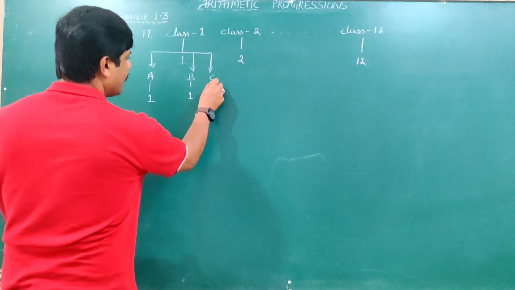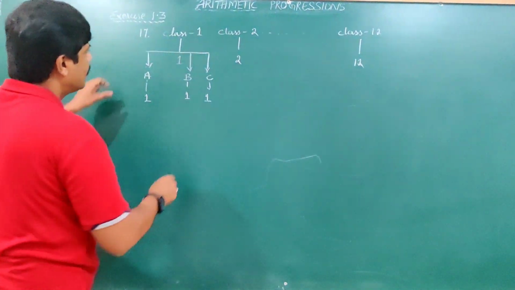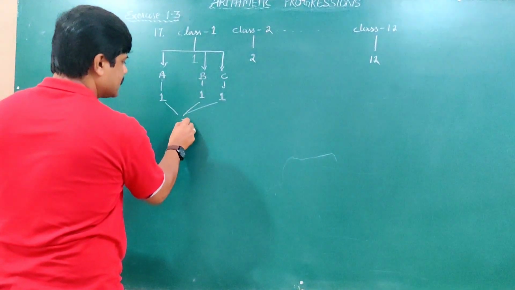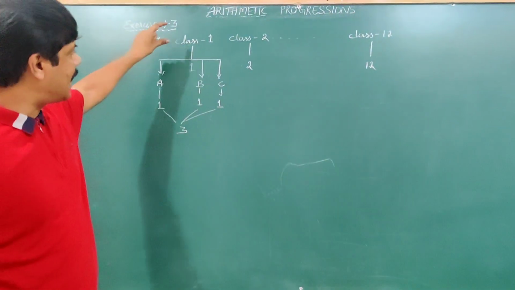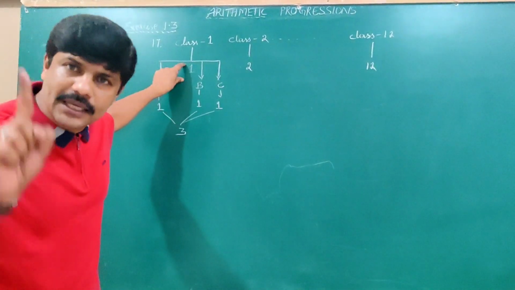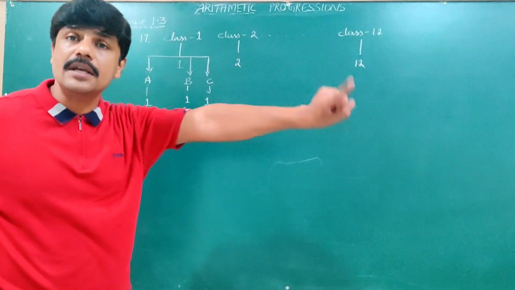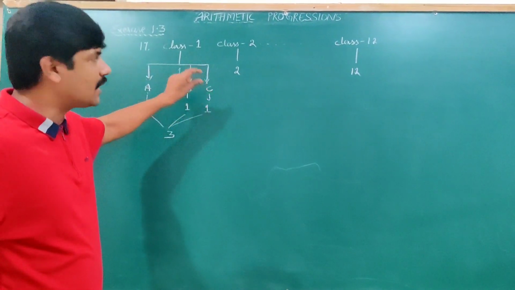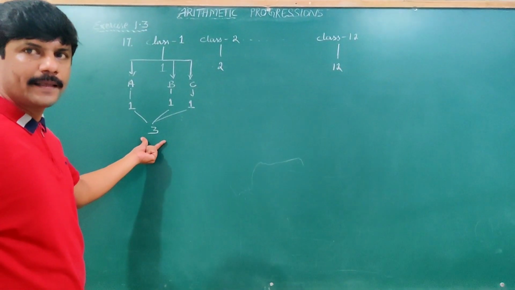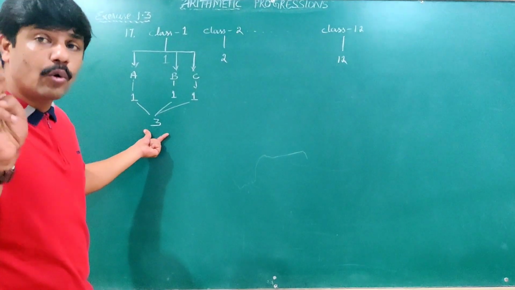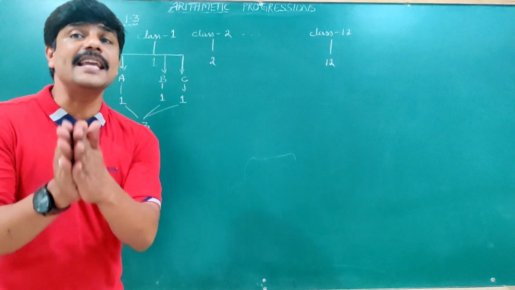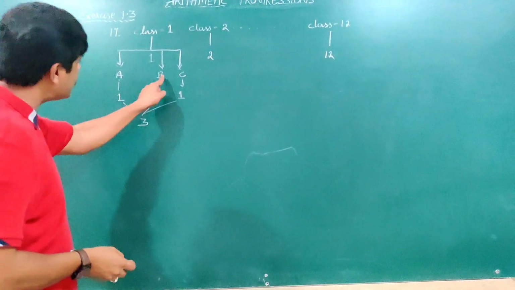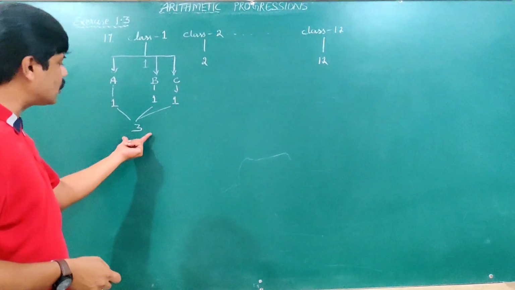Thus, class 1 becomes 3 trees. Understand properly? Class 1 students plant 1 tree each, but 3 sections are there. Therefore, they are going to plant 3 trees, not 1 tree, because of having 3 sections. Each section is going to plant 1 tree, so 3 trees.